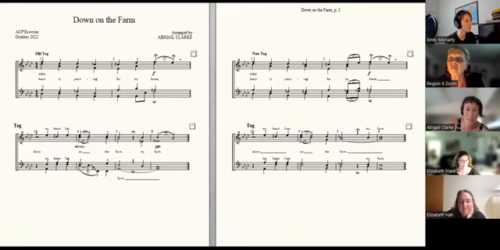Now, sadly, it meant that I lost my really nice low ending. I really liked how it had ended with the tenor low and the hold on the 2-1, but overall it worked better. So that was a sacrifice I made. That's the main thing that I changed. Yeah, as an arranger, you have to make choices like that. You have to think, I like this, but I like that. What's going to work out the best?